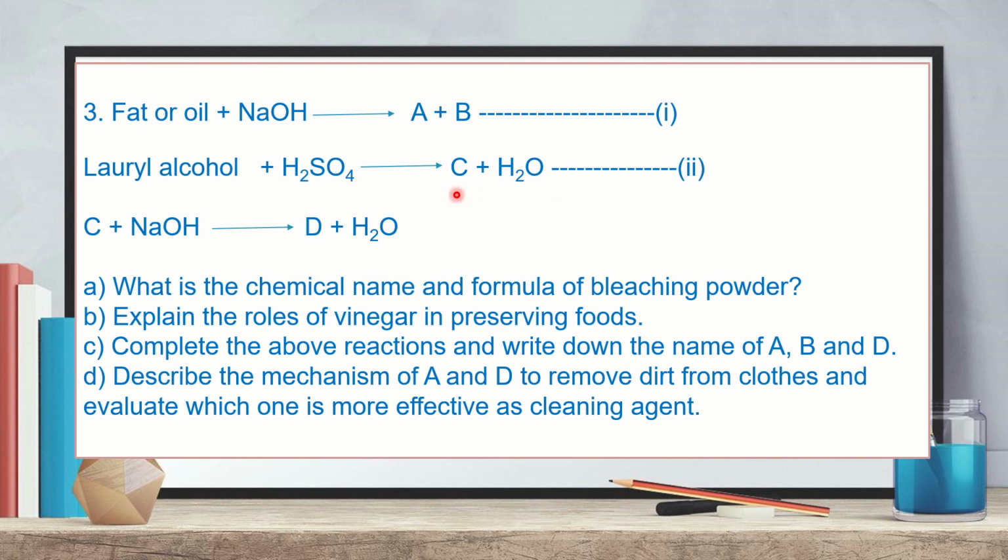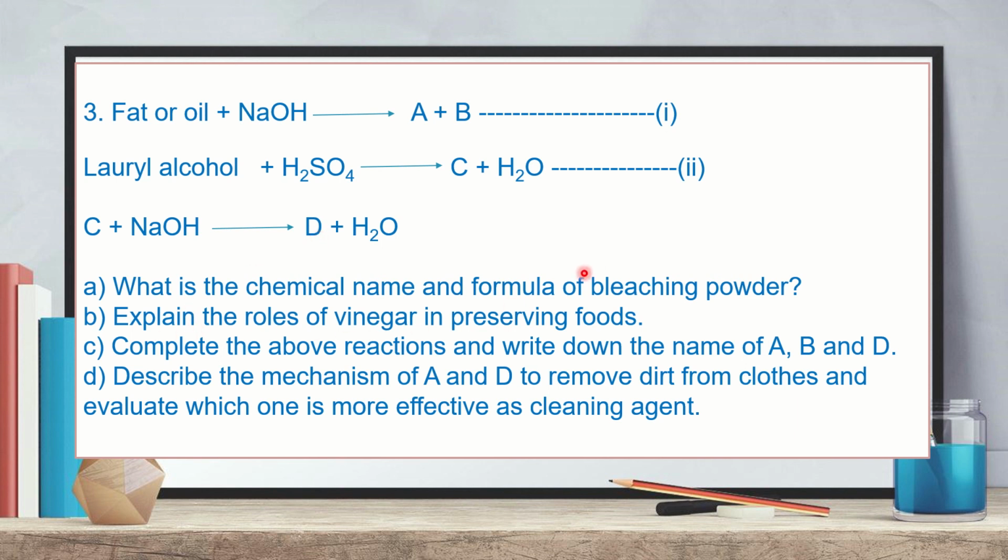So C is lauryl hydrogen sulfate. Lauryl hydrogen sulfate reacts with sodium hydroxide and produces D plus water. So D is sodium lauryl sulfate and water, or D is also known as detergent.